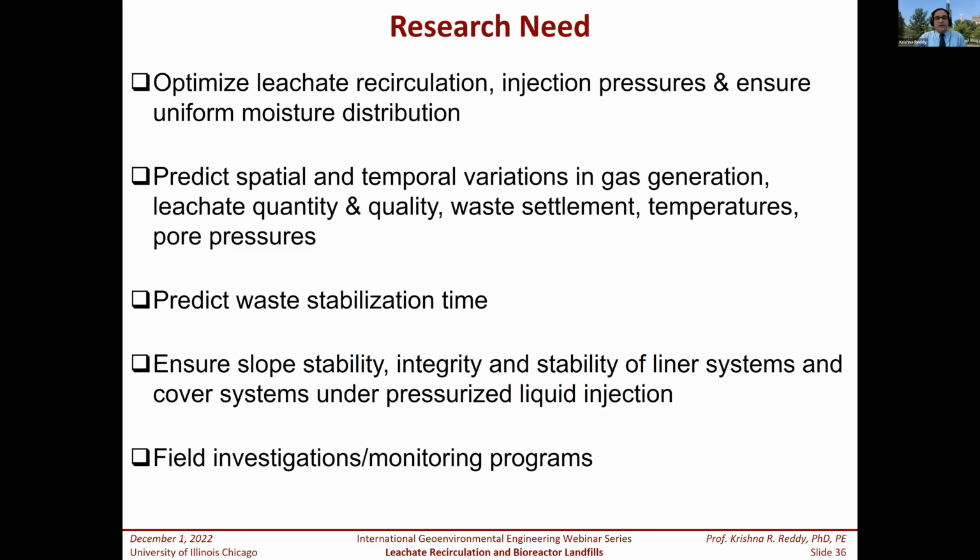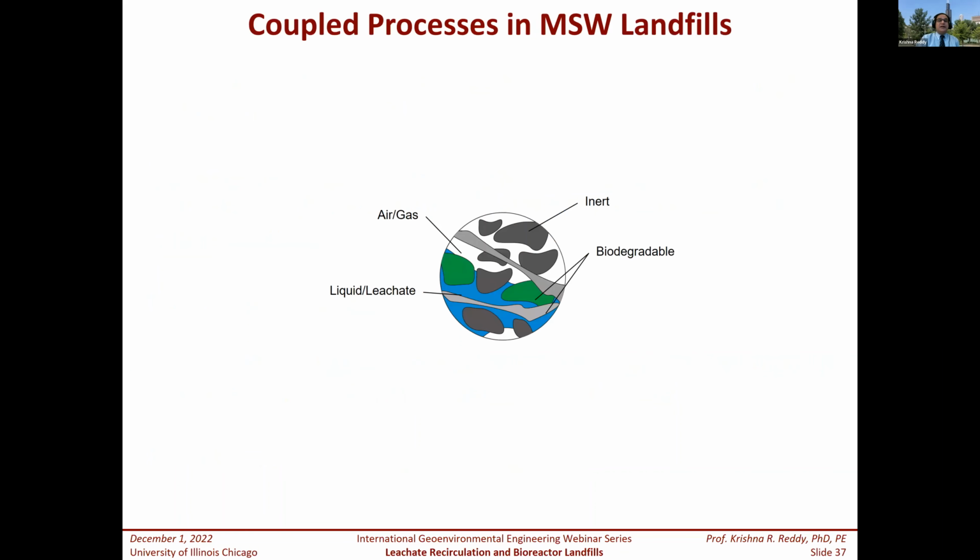There's a need for additional field investigations and especially monitoring during these leachate recirculation systems: how the waste is performing, and consequently how the waste settlements and all those issues, if we can monitor it, that's good. But if you think about this waste, it's a very complicated material, right?